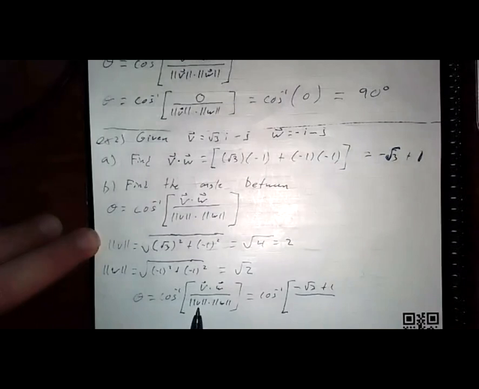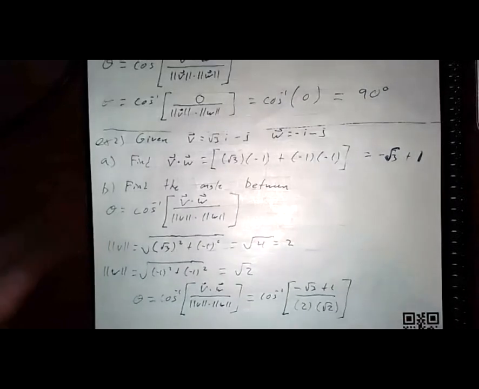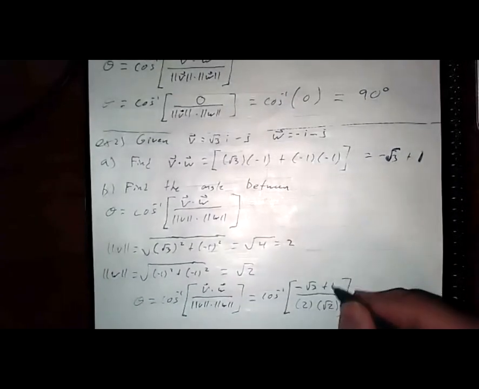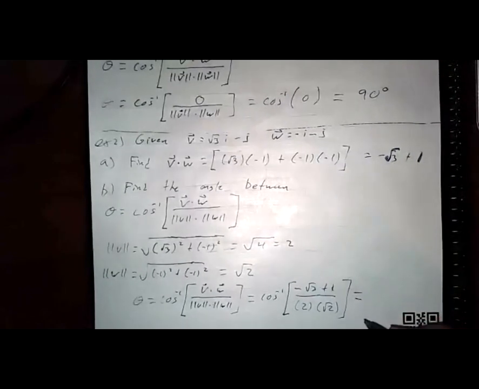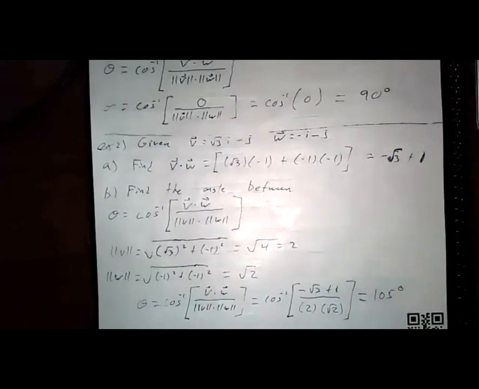On the bottom, we have the magnitude of v, so that's 2 times the magnitude of w, which is root 2. So all this goes into your calculator, giving you an angle of about 105. Any questions on this problem?